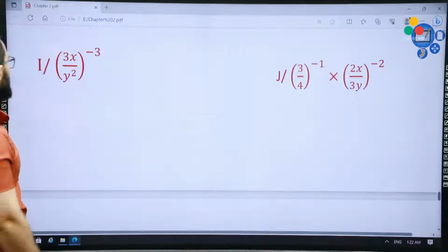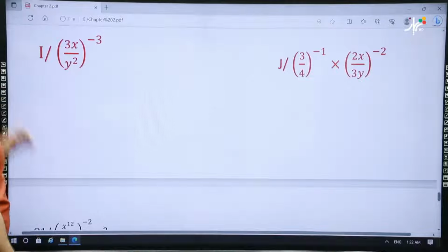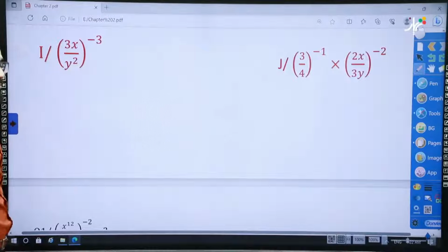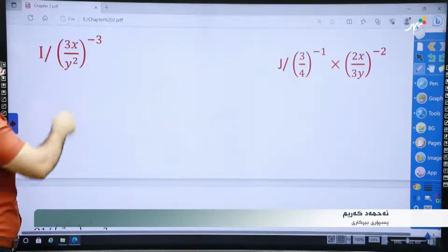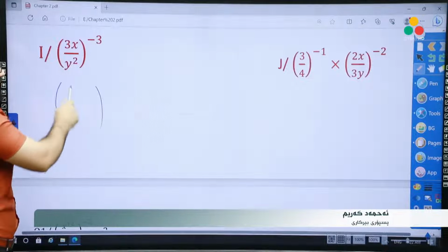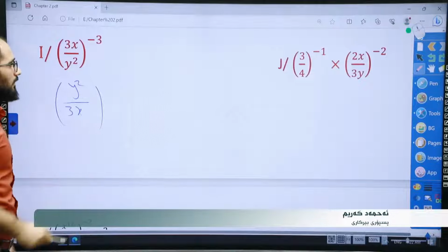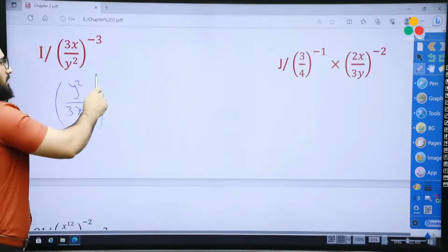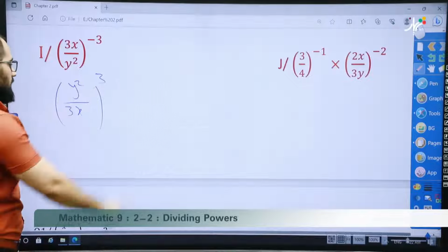And also we have more examples here. Again, we have a negative power. Because you have the negative power, before you give it to the numbers, try to upside down y squared over 3x. We have negative 3, make positive 3. Then give it to the numbers.